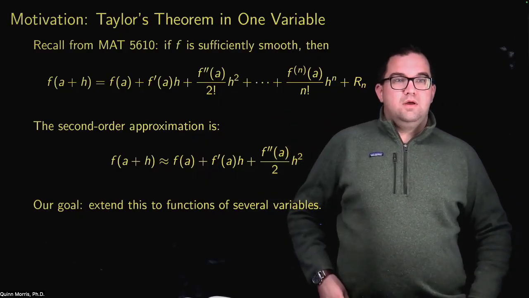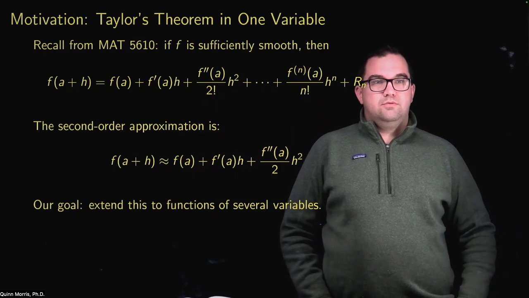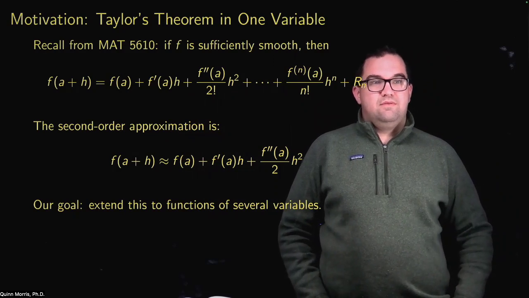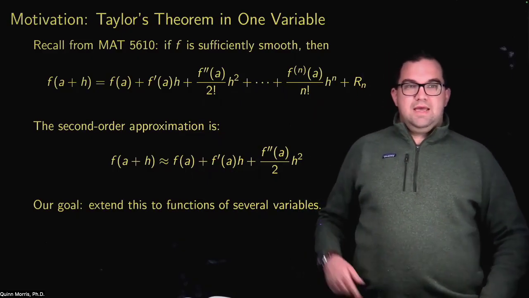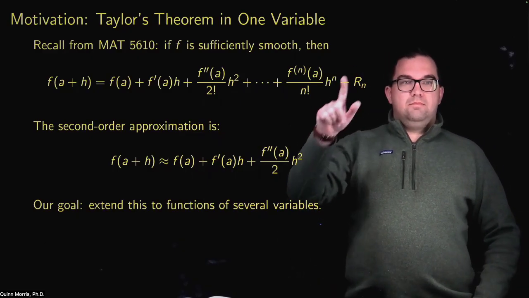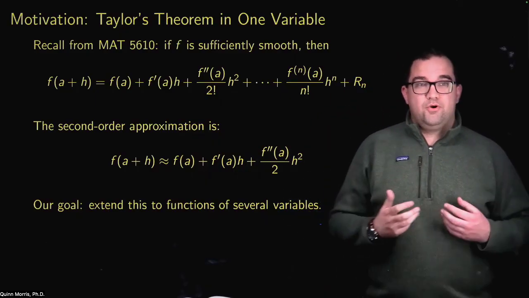Our nth term of our Taylor's formula will be the nth derivative of f evaluated at a divided by n factorial times h to the n, plus some remainder term or some sort of error term.